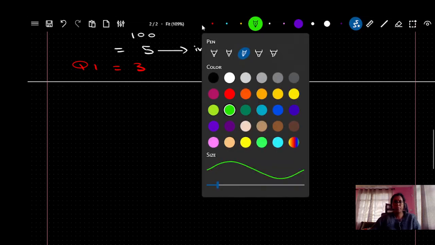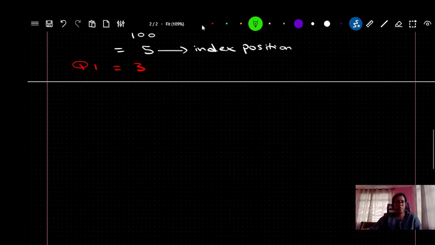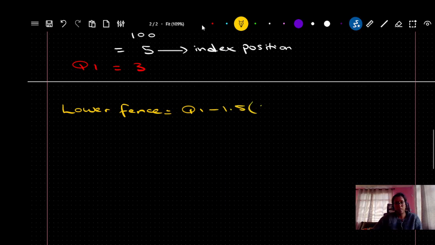So let us write it down again. The lower fence is Q1 minus 1.5 times the interquartile range.